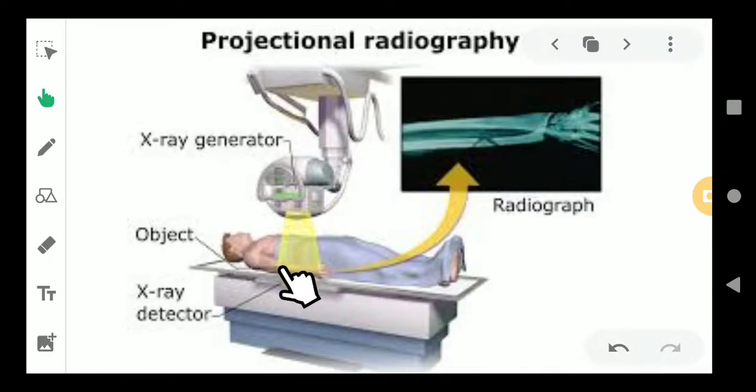That means here the person's hand is exposed to X-rays. Just below is the detector. These X-rays go to the bones of the hand and photographs are taken using the X-ray detector. The photograph made by the X-ray detector is called a radiograph. Here you can see the radiograph.